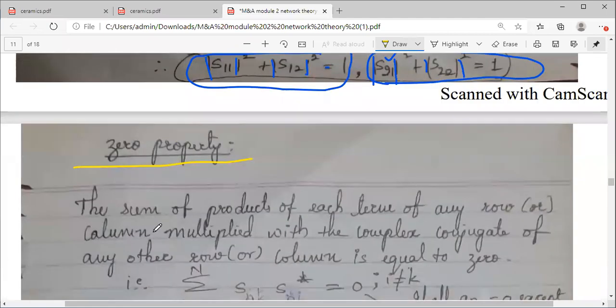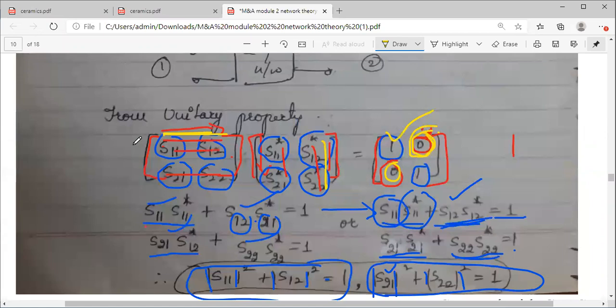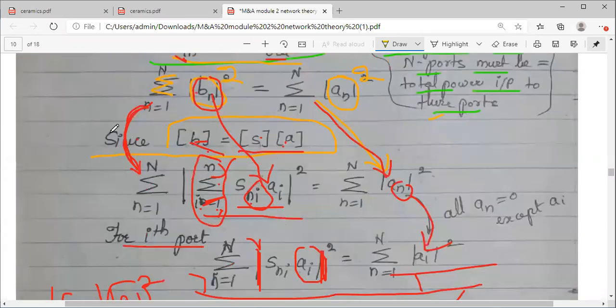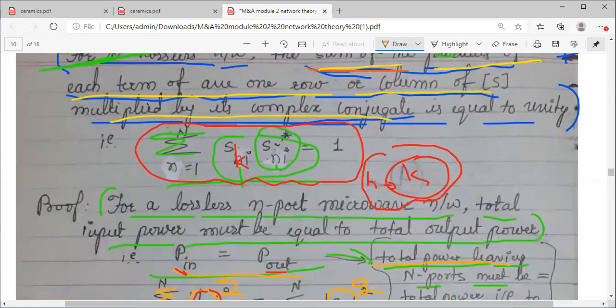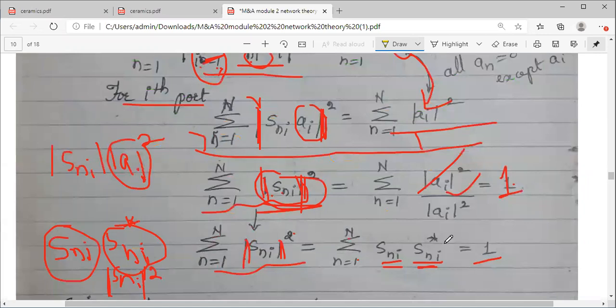Okay, so how you can simply change the statement of unitary property. What unitary property statement says, the sum of the products of each term of any one row or any one column of S multiplied by its complex conjugate. Okay, first row first column, second row second column, third row third column. So इससे क्या होगा, आप सिर्फ diagonal elements को equate करते जा रहे हैं.